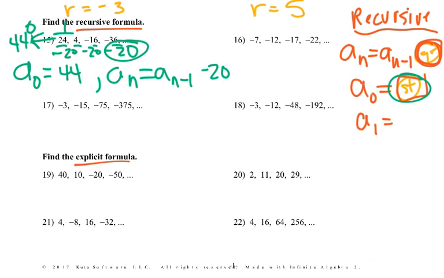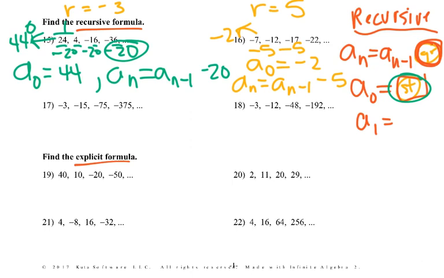If you don't have both pieces, it's an incomplete formula, and it won't quite get you what you need. Okay, so looking at 16, negative 7 to negative 12 to negative 17, we are subtracting 5 each time. So going backwards, it would be negative 2. So a sub 0 equals negative 2, and a sub n equals a sub n minus 1 minus 5.